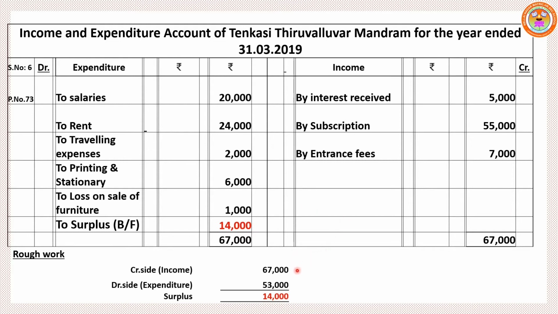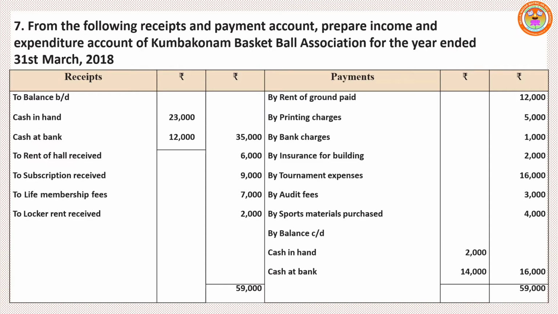That means 67,000 income, and expenses we made 53,000, so the remaining 14,000 is surplus. This will be written as 'To surplus' under the debit side, the expenditure side, as the balancing figure of 14,000. Clear? Then move on to the next sum.